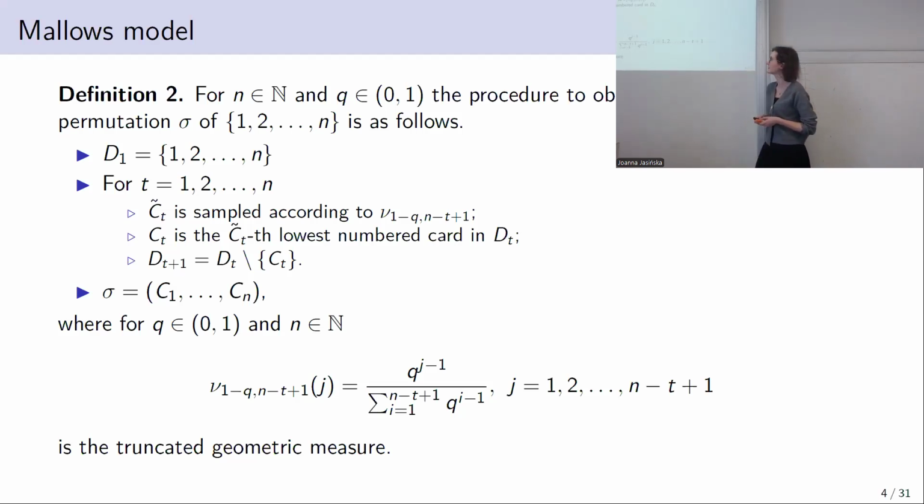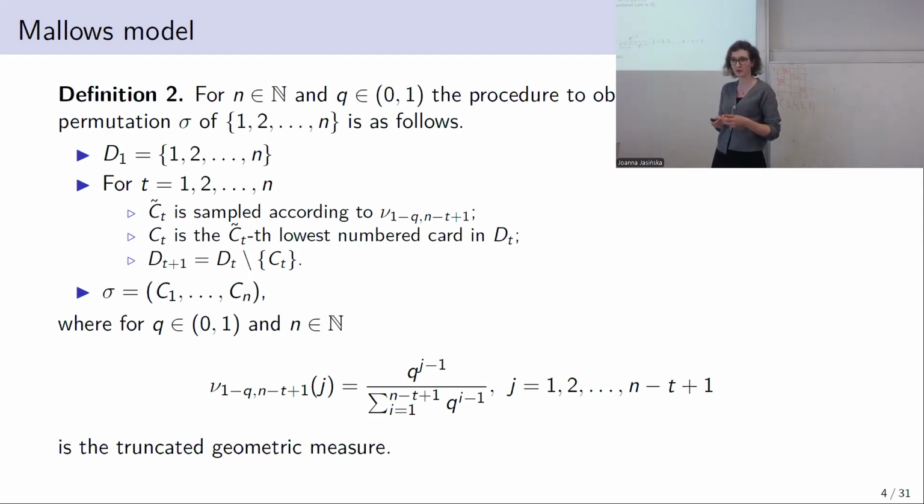Then in every step, I will be sampling according to some fixed distribution. This mu will be just a truncated geometric measure. Here is the formula for this measure. So I'm just picking the position in the deck according to this measure, and then I pick the C tilde t-th lowest number card in D_t.